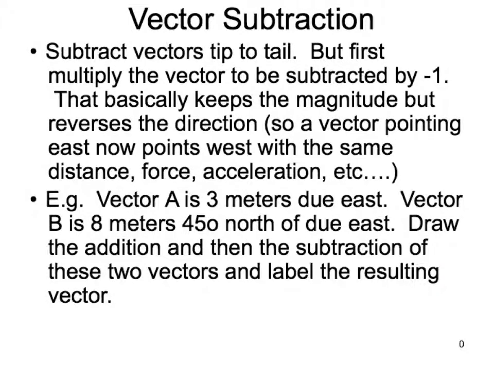Okay. When we subtract vectors, we're, again, tip to tail, but first we multiply the vector to be subtracted by a -1, and that basically keeps the magnitude but reverses the direction. So let's just do an example here. Vector A is 3 meters due east.